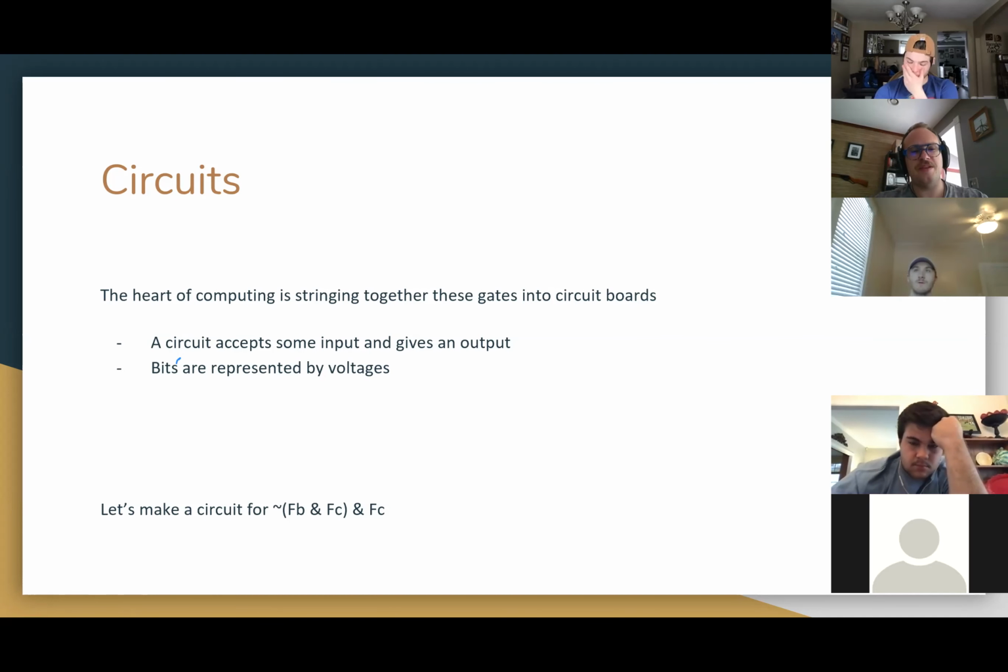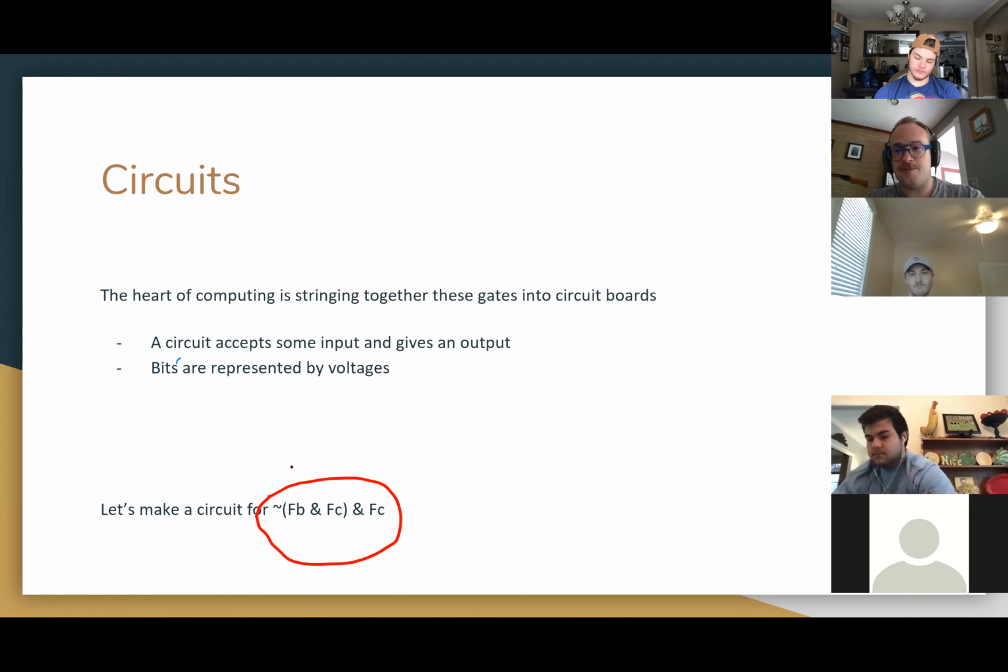So let's try this on our own and make a circuit. So take this TFL well-formed formula and actually, let's do this together. So I won't get you guys to do this on your own. I'm going to show you exactly what I'm talking about when we make a circuit.